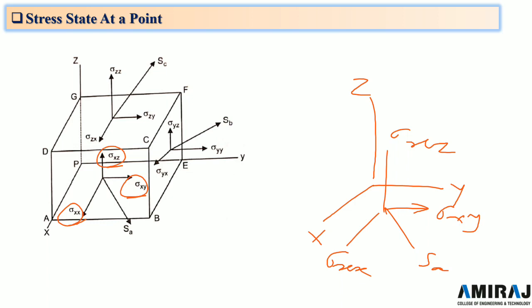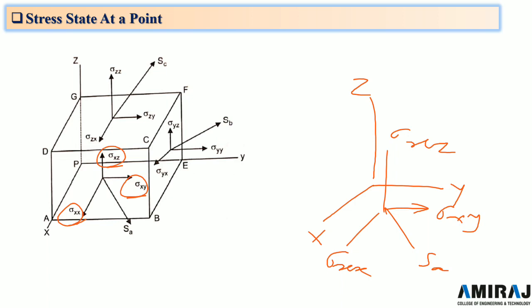The sigma xy is acting on the plane normal to the x-axis and is directed along the y-axis. Similarly, sigma xz is acting on the same plane but is directed along the z-axis. Thus, stress components on the other two faces are also designated similarly. So, we see that with every component of stress, two directions are associated.